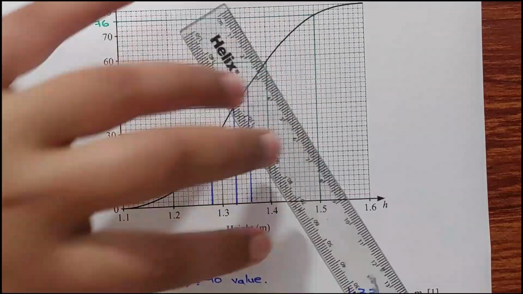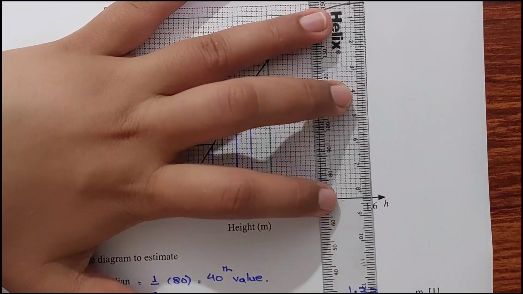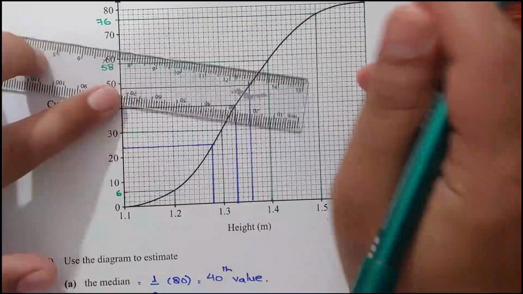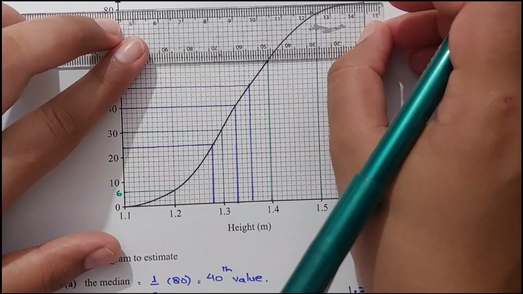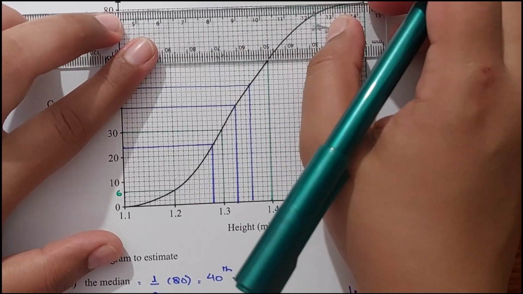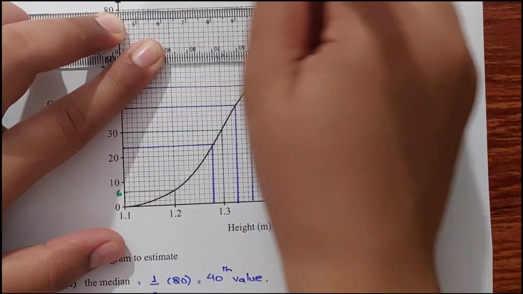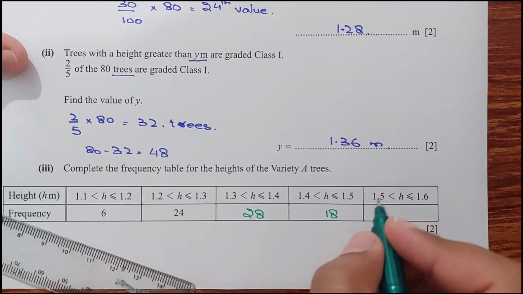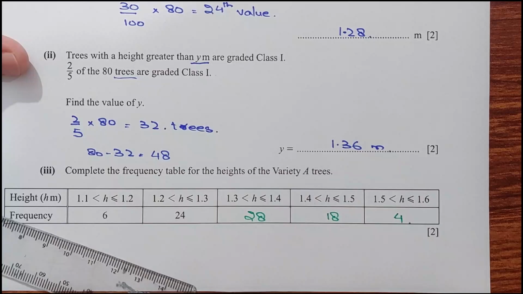Okay, 1.5 to 1.6. Till 1.6, we have a reading of 80. Now 80 minus 76 is 4. Yeah, so it's just 4. The frequency is 4 over here.